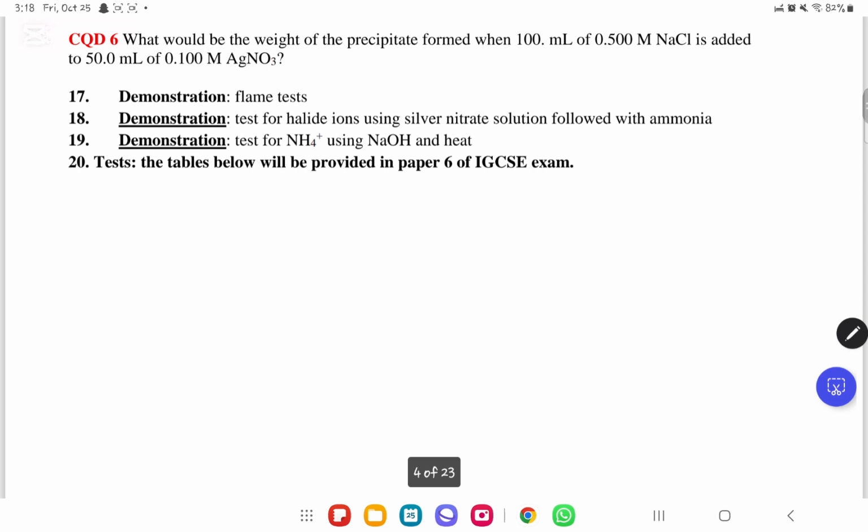Now CQD number 6. What would be the weight of the precipitate formed when 100 milliliters of 0.500 molarity NaCl is added to 50 milliliters of 0.100 molarity AgNO3? First things first, we're gonna take NaCl, okay, and then AgNO3.